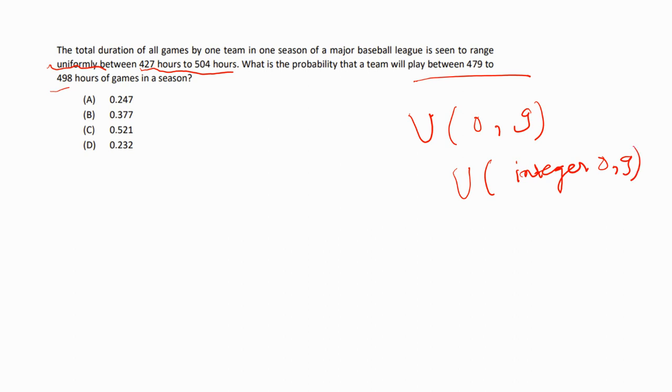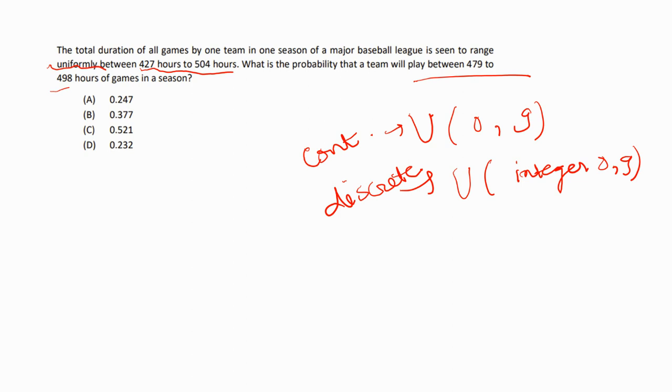In this uniform distribution you have points at 0, 1, 2 up to 9. So this one is discrete and this one is continuous. Now here we have given uniformly between 4 to 7 to 504 hours.